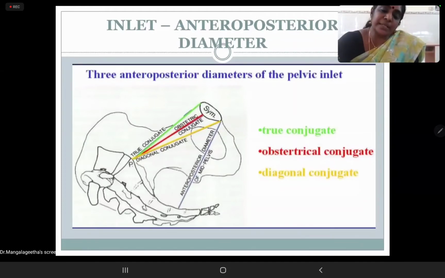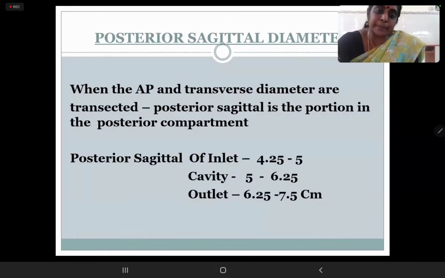To determine the obstetric conjugate, you subtract 1 to 1.5 centimeters. The diagonal conjugate should be at least 12 to 12.5, only then will you get at least 10 centimeters of obstetric conjugate.